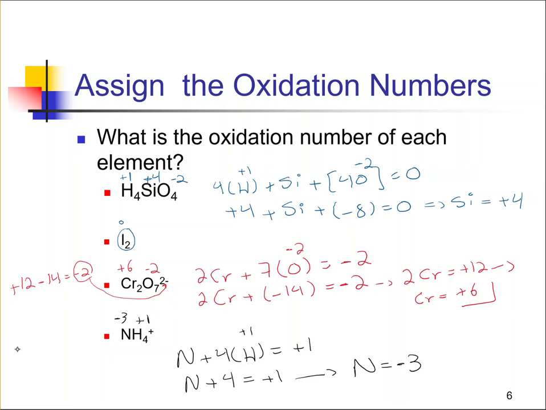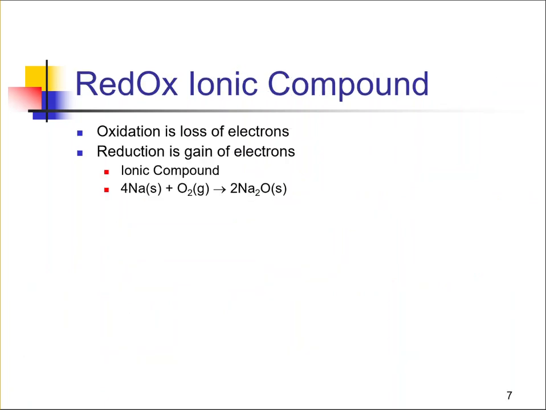And I can always double check my work. So minus 3 plus 4 times plus 1 equals plus 1, which is the charge of ammonium ion. Now that we know how to assign oxidation numbers, let's look at chemical equations and see how we can tell if our reaction is a redox reaction or not.